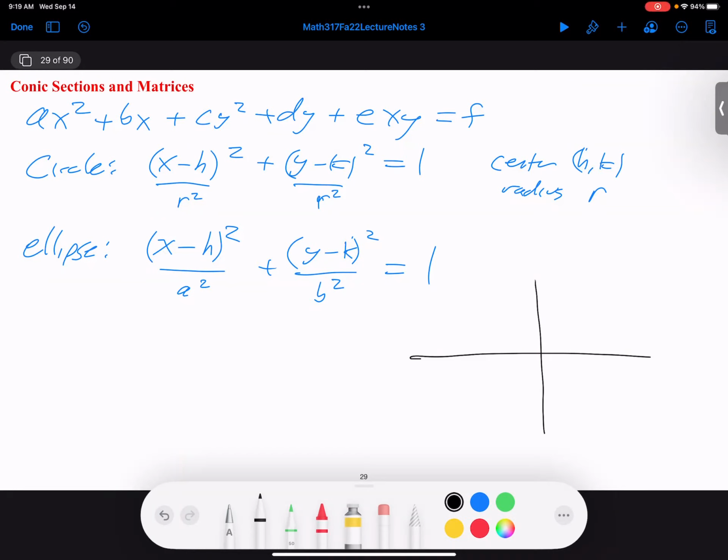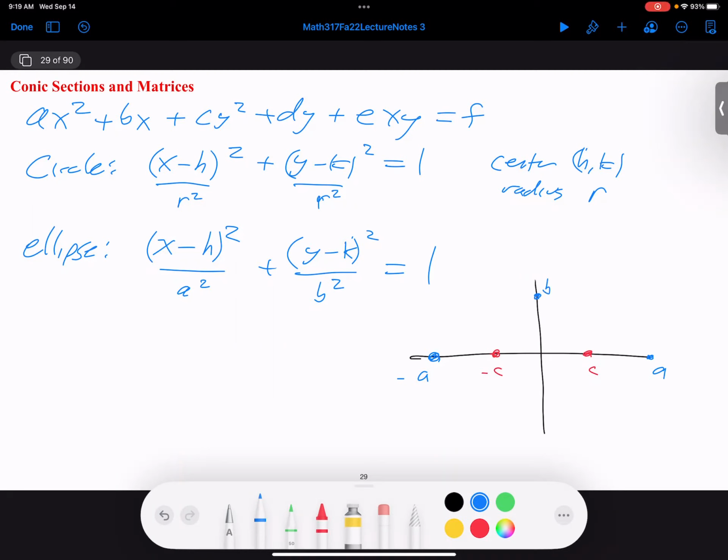If it was along the y, if it was taller than it is fat, then you would switch a and b. And this is just nice notation because there are some relations if you put the foci at minus c and c, and then here is a, I guess minus a, and here is say b.